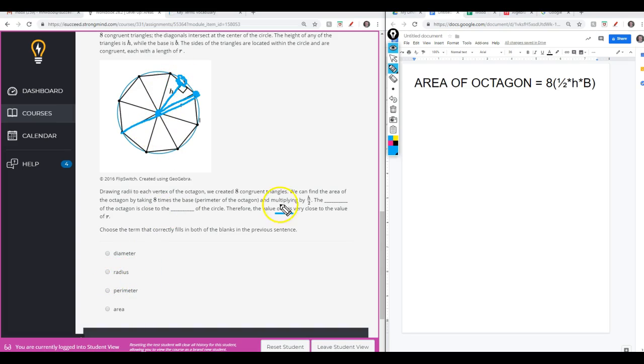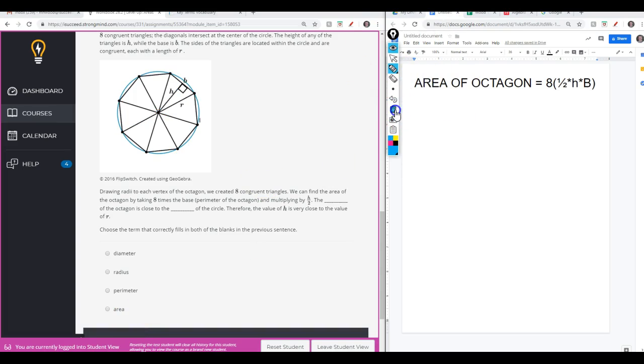So the radius of the octagon, there's not a radius for the octagon. The perimeter of the octagon would be this outside edge, which is missing quite a bit from the circle on its perimeter right out here because the circle is arched. Or the area.